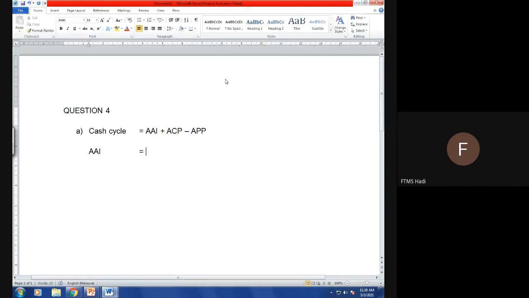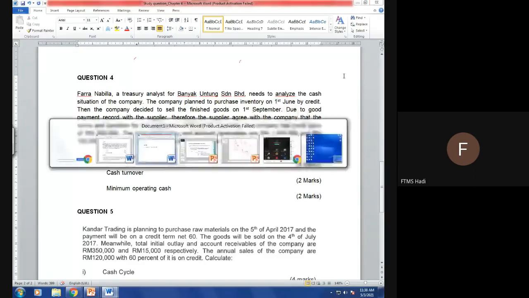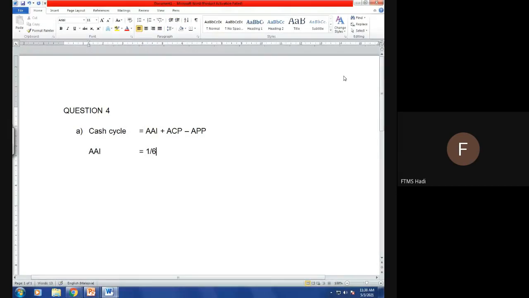AAI says that the period is between 1st June until 1st September. You need to calculate the exact days, month by month, because we have June, July, August, and September.